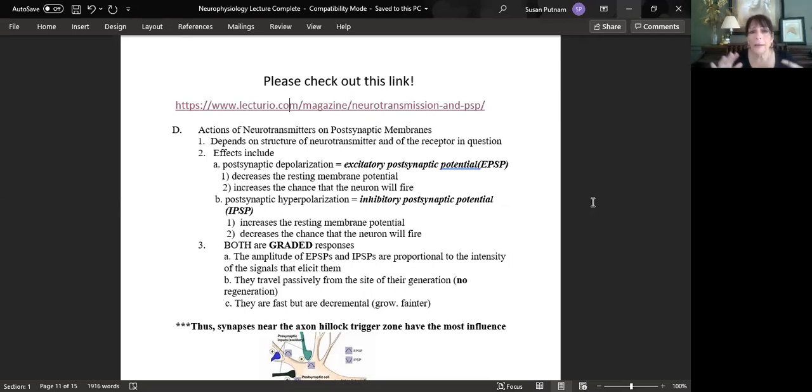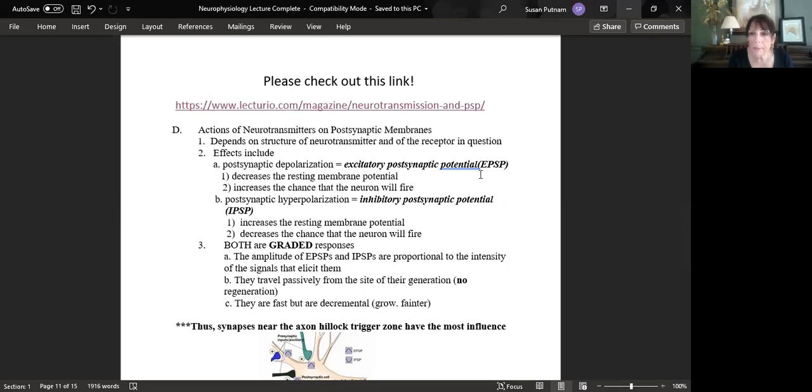But the bottom line is the effects include postsynaptic depolarization. Remember how we did the action potential? That action potential is caused by the depolarization of that particular cell. And we call that excitatory postsynaptic potential, and that's where we get EPSP.